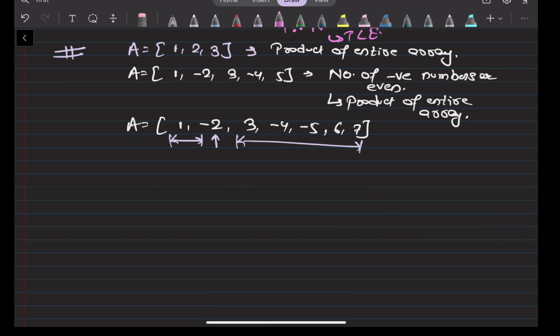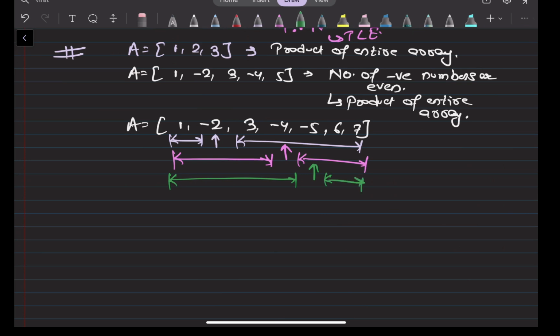Suppose I want to skip minus 4 here, can I say that my answer will belong to this side or this side? Now, suppose we have to skip minus 5, then can I say that my answer will be some product of this side or this side?